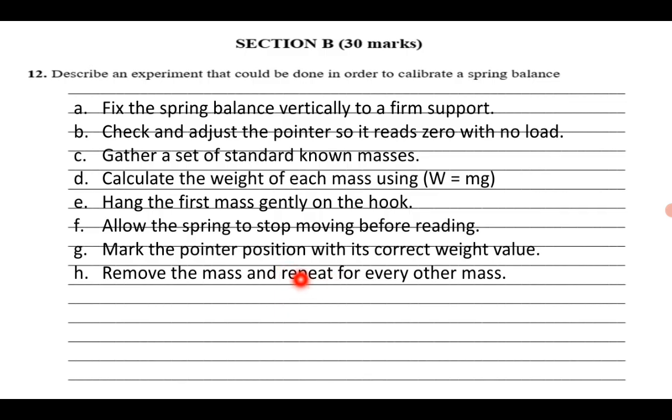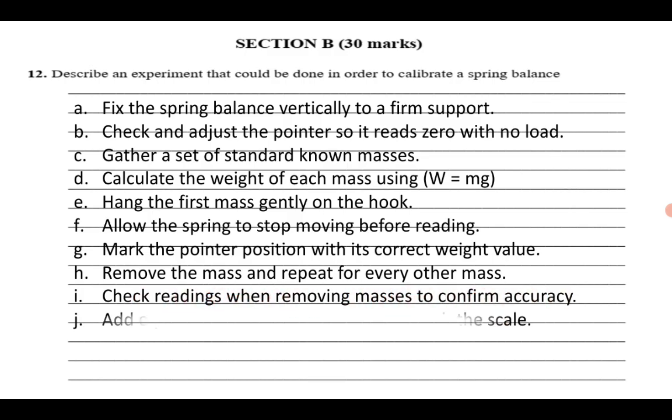Let's say you have 10, 20 grams, 30 grams, 40 grams, 50, and so on. You repeat the process with every other mass. Check the readings when you are removing the masses to confirm the accuracy. And lastly, add equal divisions.